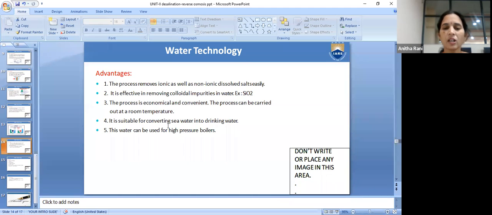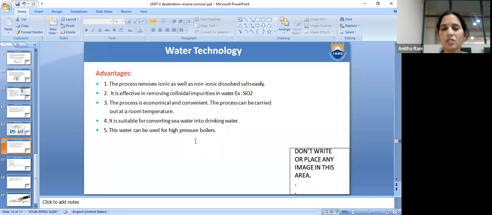It is suitable for converting seawater into drinking water. By taking seawater, we can get pure water by this reverse osmosis process, which we can use as drinking water. This soft water can also be used in high pressure boilers.